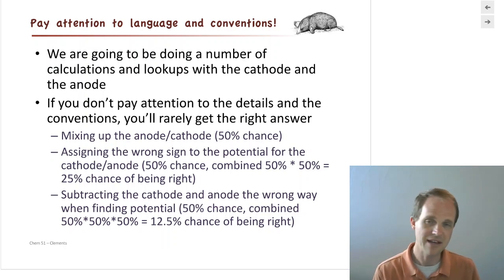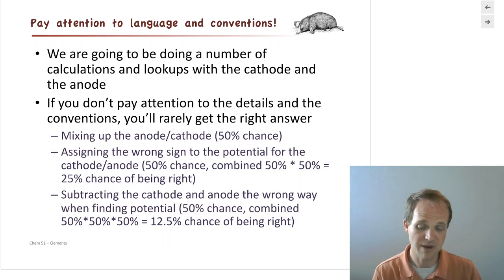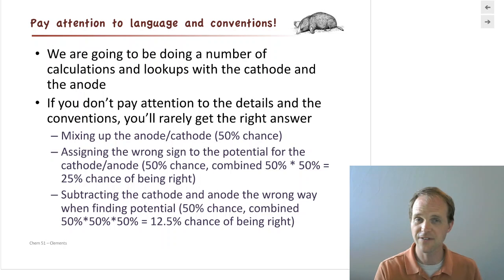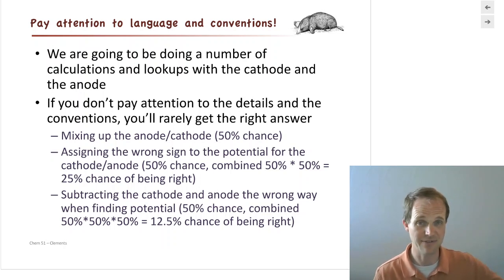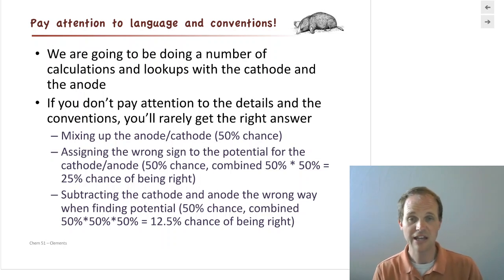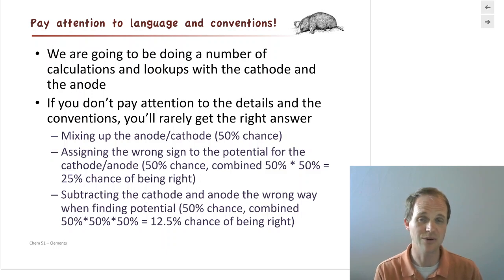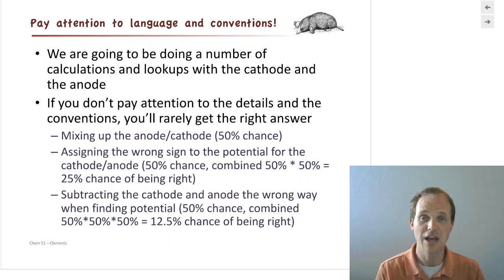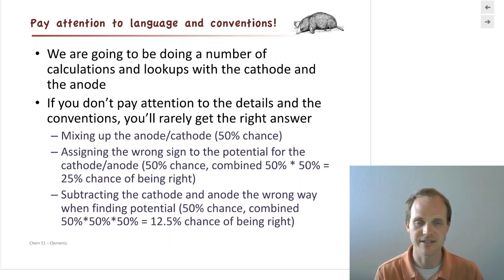Okay. But then if you mix up the anode and the cathode, you might also assign the wrong sign to the potential for the anode and cathode. And there's a 50% chance of that too. So now you've got a 50% chance of getting it right times a 50% chance of getting it right. Your chances are only 25%. But it turns out then you have to subtract one from the other. And if you don't subtract in the right order, then not only do you have the sign wrong, now you've got a 50% chance and a 50% chance, you only have a 12% chance of getting this problem right.